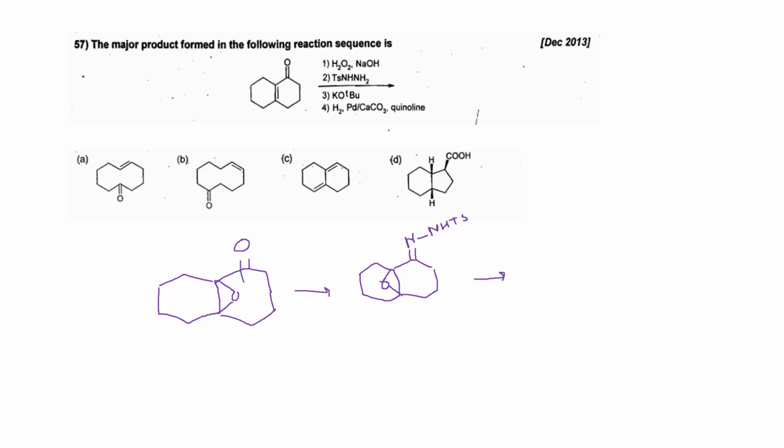So now, if you add tertiary butoxide, what will happen? In presence of tertiary butoxide or base, it will take the proton from this place. It will take a proton from this nitrogen center.